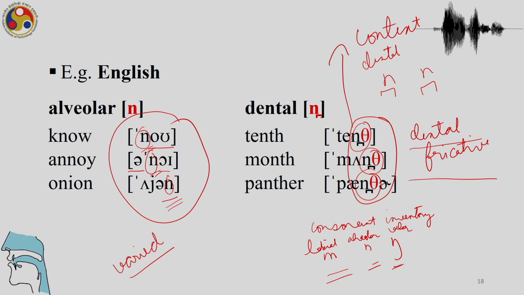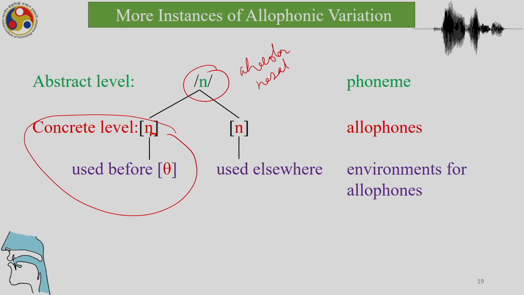So, we do not have in terms of boundary any consistency there in the environment that we see. Unlike that, we see here that there is a consistent environment of the dental fricative in all the words here. Hence, we can say at the concrete level, this dental n is used before a th, which is a dental fricative. So, in English, if we have a dental fricative, how do we now express this?